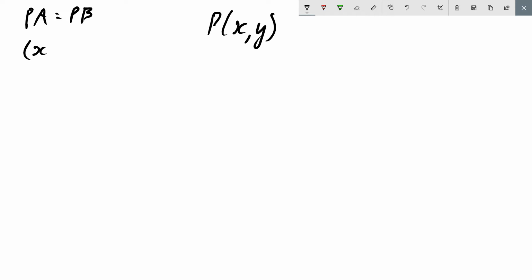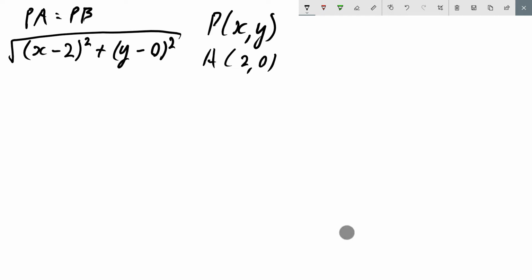So let's sub in x minus, and then we said A was 2 comma 0. So we'll put 2 there. Square it, and we'll add. And now we'll say our y, and we'll subtract 0, and then we'll square, and then we'll square root. And there's our first distance equation.